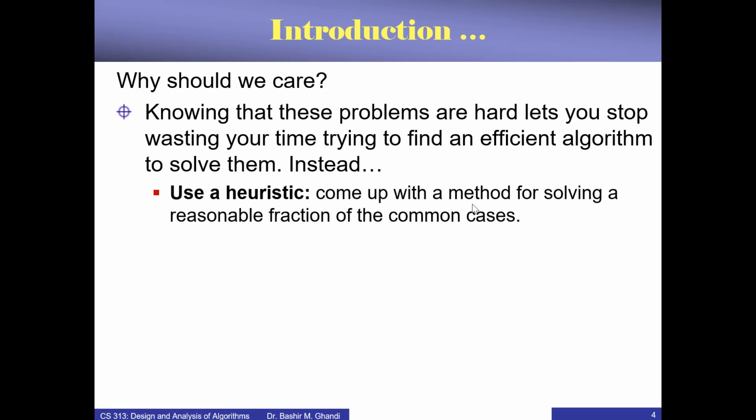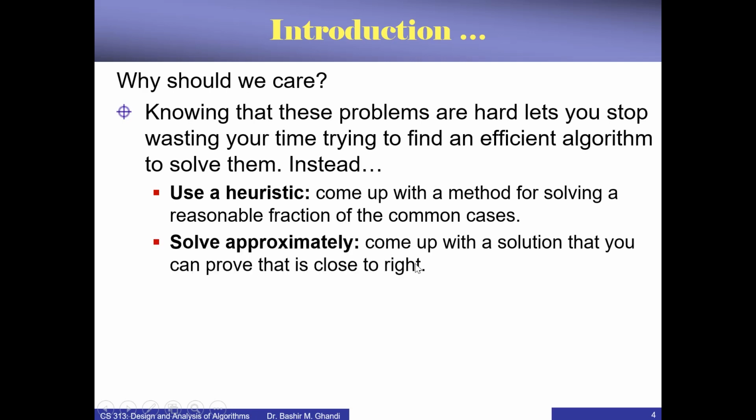Instead, you could follow one of the following measures. Use a heuristic, that is, come up with a method for solving a reasonable fraction of the common cases. You cannot solve it as a whole using an efficient algorithm, so look at the common cases and come up with a heuristic that can be used to solve them.